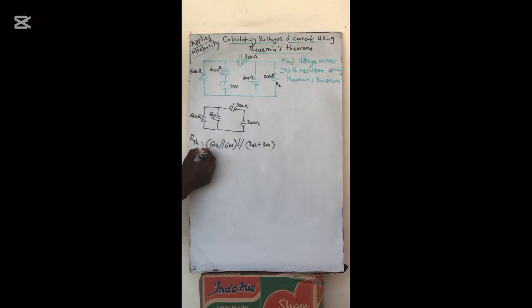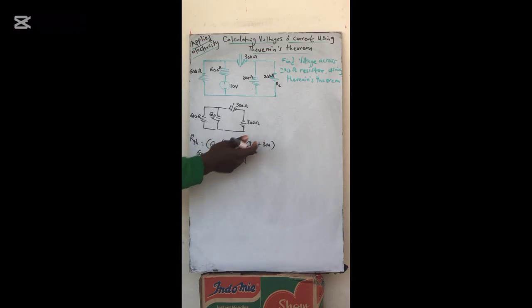So let's start from here. We have 600 multiplied by 600 divided by 600 plus 600. This will give us 300 ohms for this part only. Then we can use it in parallel with this.